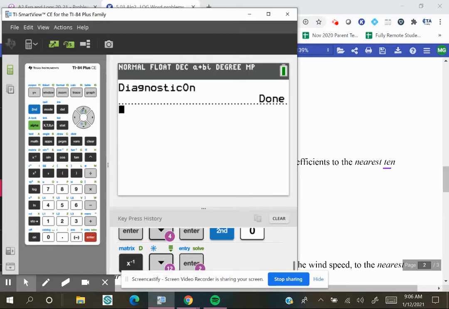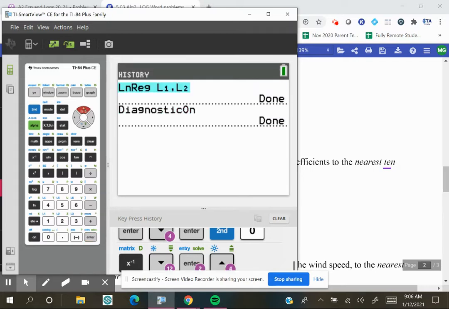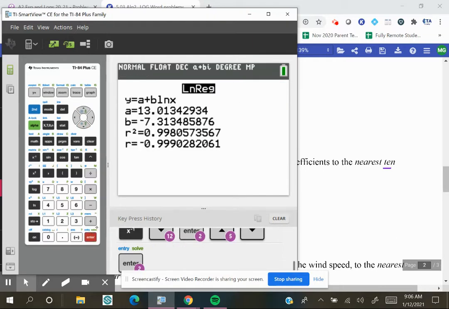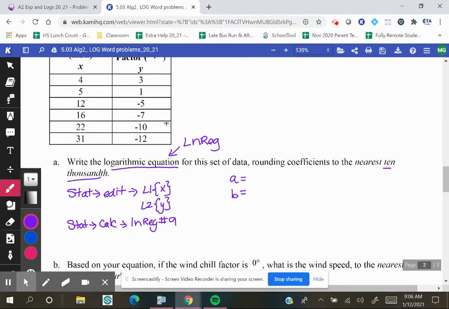If that hadn't been on, then when I did this regression up here, I wouldn't have seen these R values. So now I'm just going to write out what I got for A and B. Again, I'm not asking for the R, but you could be asked for it. And that's called the correlation coefficient. So I write out my decimals.